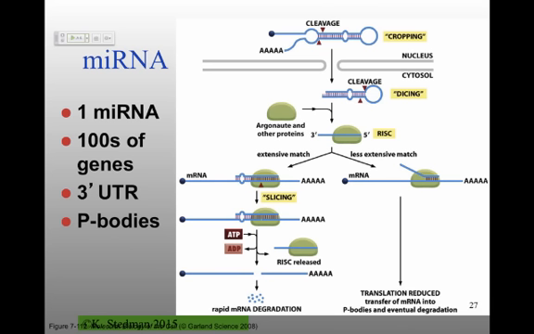It's actually relatively rare. Much more common is that you have a partial match between the sequences in your microRNA that you started with and the 3' untranslated region of the messenger RNA which you're going to be regulating. This leads to a great reduction of translation.